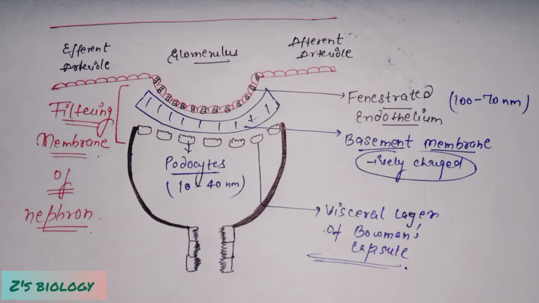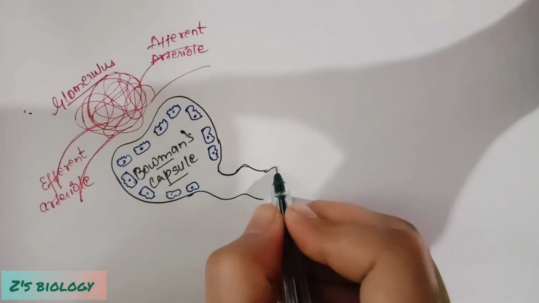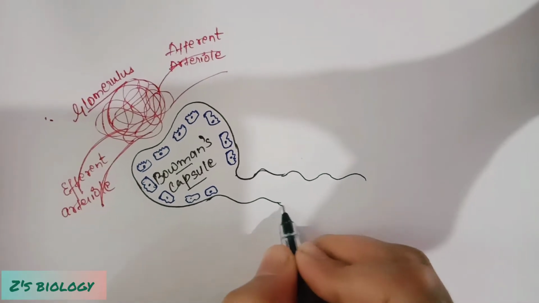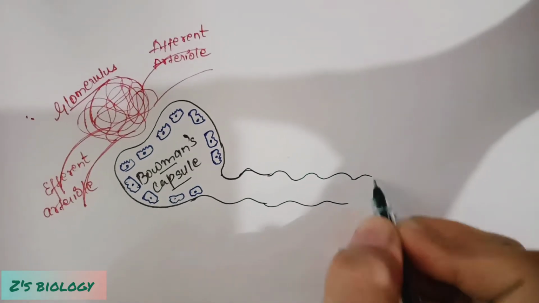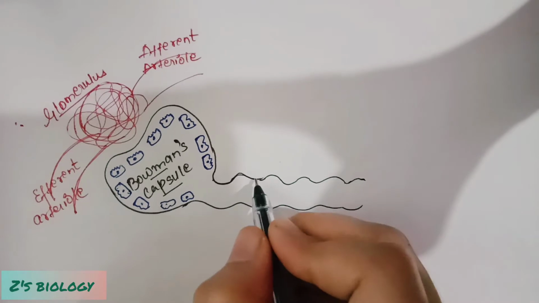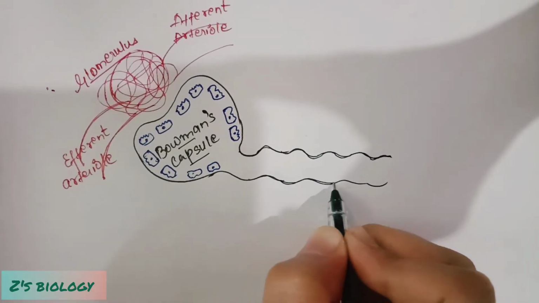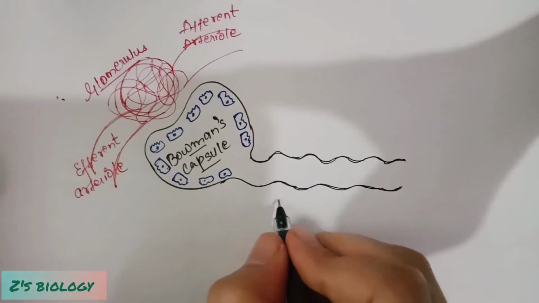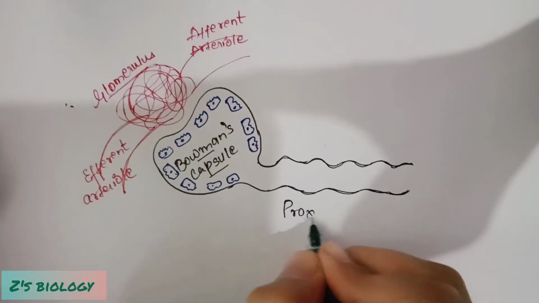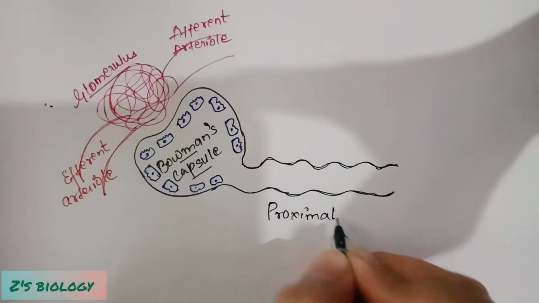Moving on, the next structure we have is the tubular portion of the nephron, and I have already told you that the tubular portion of the nephron is the renal tubule. It is made up of 3 parts: the proximal convoluted tubule, the PCT, the loop of Henle, and the DCT, the distal convoluted tubule.